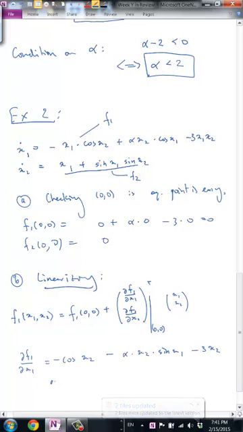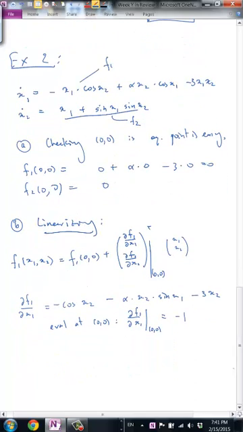And if I evaluate it at 0, 0, df1/dx1 is equal to minus 1. Maybe that's not what I wanted because the cosine goes away completely, but let's keep going. Yeah, okay, so the alpha goes away completely, so there's no alpha in df1/dx1.